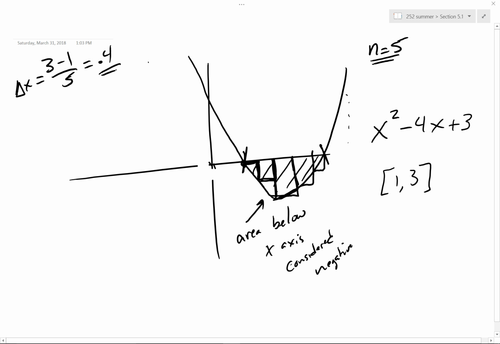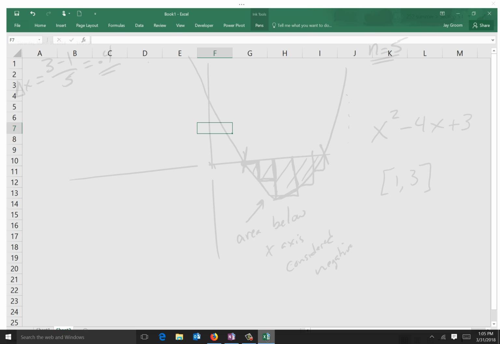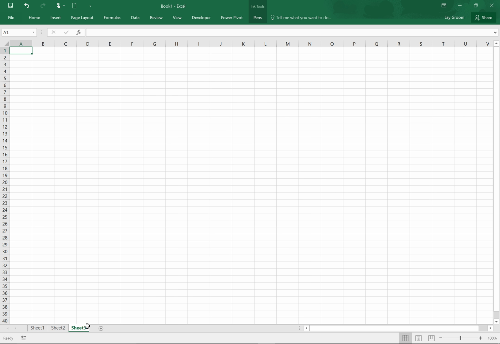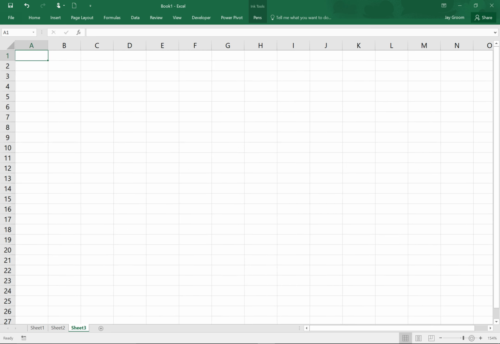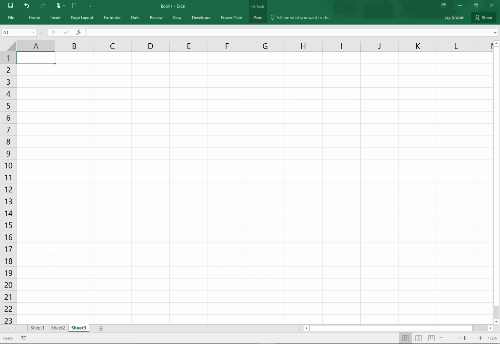Okay? And so it's simply a matter of going back into your Excel. Again, you can go on the graph and look at them. Whatever makes you happy, or makes me perfectly happy too. I'm an easy, happy-go-lucky fella. 1, 3, and 5. And so my delta x would just be b minus a divided by n.